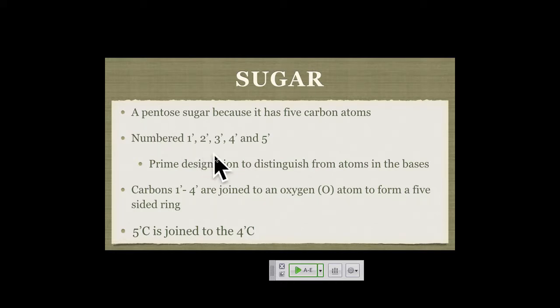That prime designation tells you that the number refers to the carbon atoms in the sugar ring. The bases themselves, the purines and the pyrimidines, also have another numbering system, but they don't have the prime. That's why the prime is important. It tells you you're talking about the sugar. You take carbons 1' through 4', join them together with an oxygen, and you get the pentose sugar ring. Okay? And then the 5' carbon is joined at the 4'.